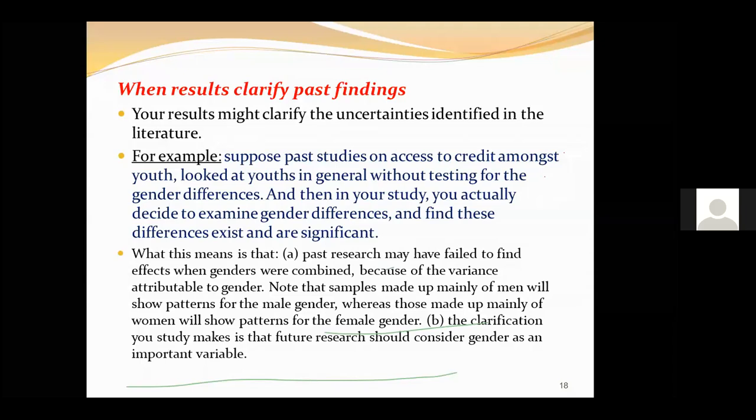Note that samples made up mainly of men will show patterns for male gender, while those made up mainly of women will show patterns of the female gender, okay? So the clarification then is that future studies should consider gender as an important variable. This is an example of the case where you're clarifying past findings.